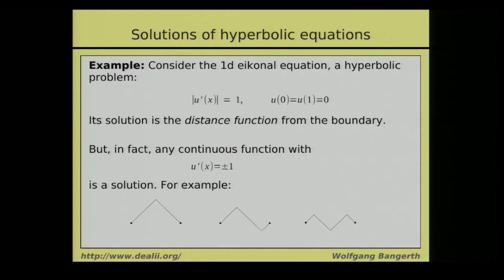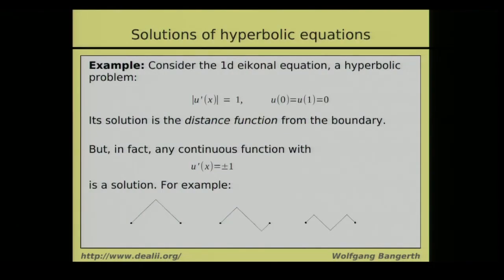So the magnitude of the slope is 1 everywhere. Here is yet another one. Okay? And it's relatively easy to see through this process that essentially any zigzag curve that has slope either plus or minus 1 and starts at 0 and ends at 0 is a solution to the Eikonal equation. So I have identified infinitely many solutions through this process that all satisfy the weak form of the Eikonal equation.